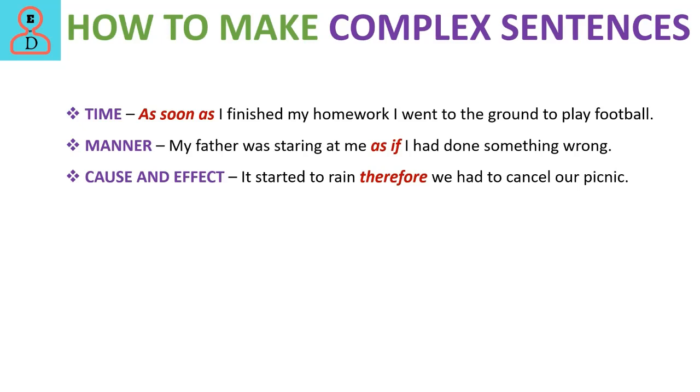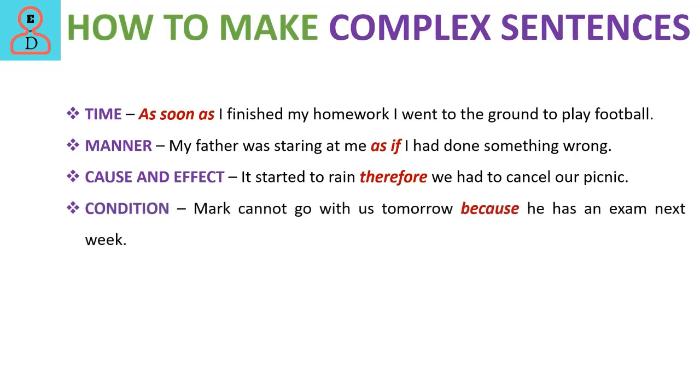Here, cause is the rain and the effect is the cancellation of the picnic. Next is condition. Here, Mark's exam is a condition because of which he cannot go with his friends.